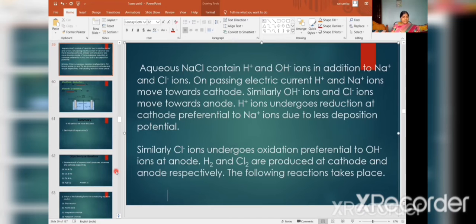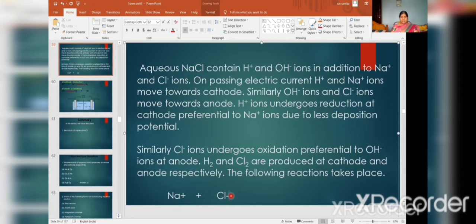Na plus, and Cl minus. Sorry, not Cl minus, OH minus ions.